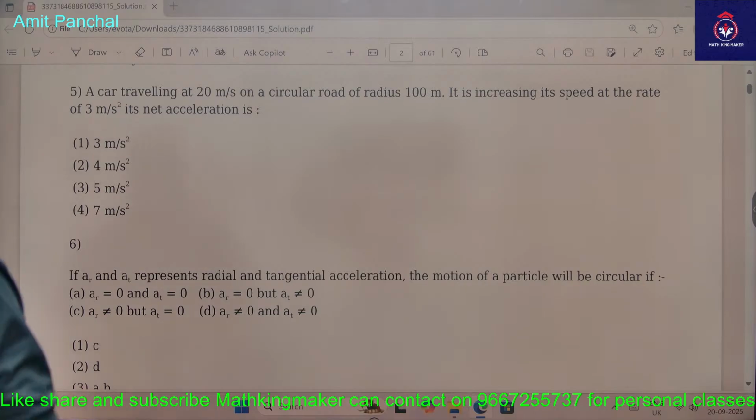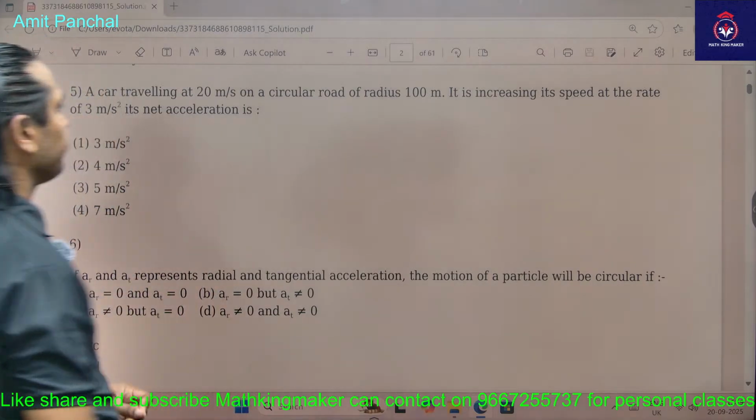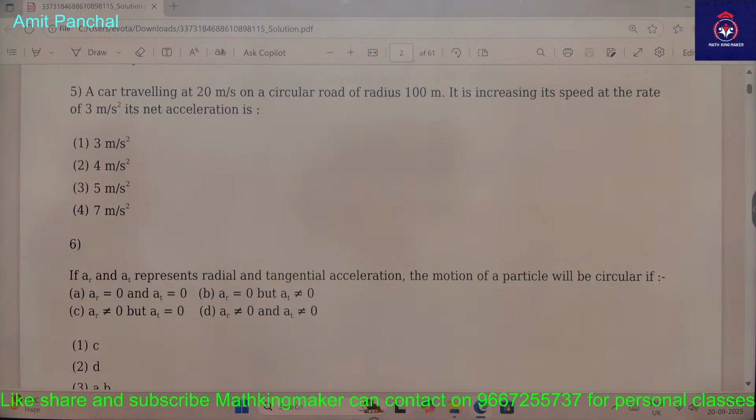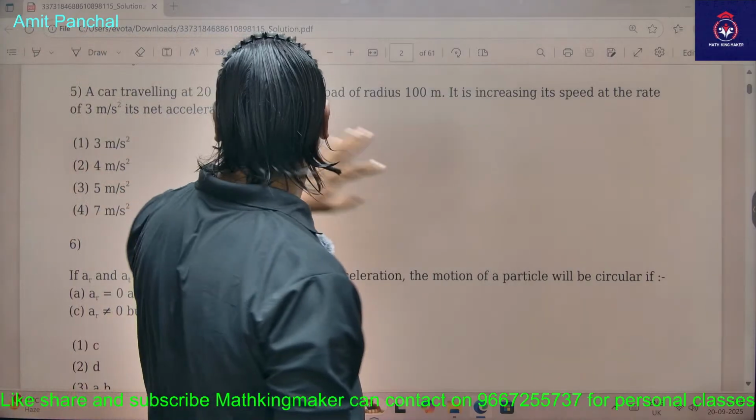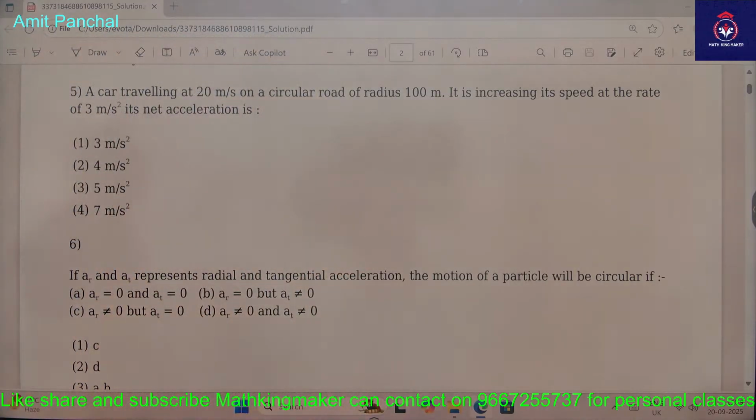Okay, a car is traveling. Why have they given us the velocity and the acceleration? Its speed is increasing at the rate of 3 meter per second square, so we'll take 20 meters per second as the initial velocity, right?